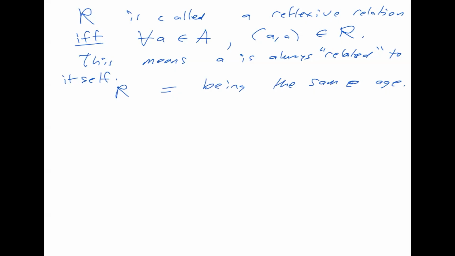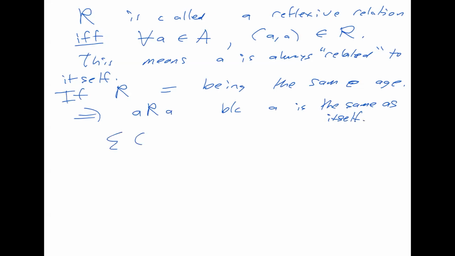So this means if R is equal to being the same age, then any person would always be related to themselves, because A has to be the same age as itself, right? So let's just say they had 3 players on a team. Let's say A is equal to player number one, player number two, player number three.